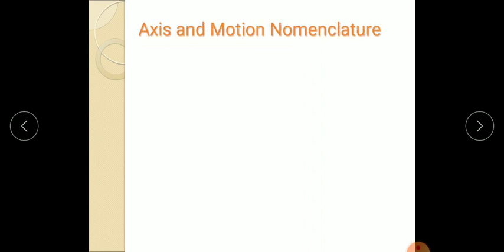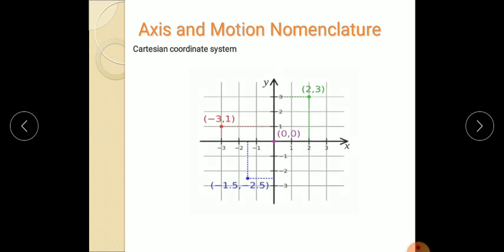Next one, axis and motion nomenclature. First one is the Cartesian coordinate system. This is a Cartesian coordinate system diagram which represents the x-axis and the y-axis. So what is the Cartesian coordinate system?